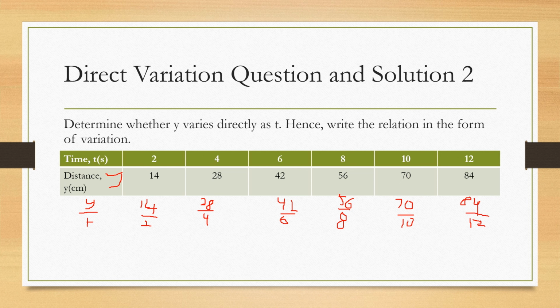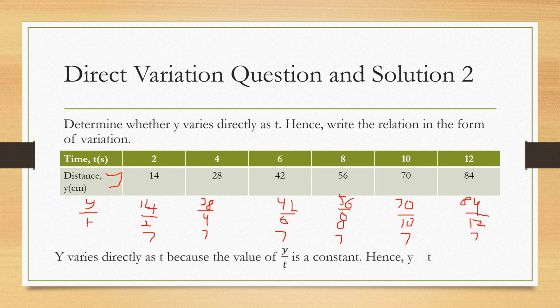Okay, so what is the answer? 14 over 2 would be 7, 28 over 4 would be 7, 42 divided by 6 would be 7, 56 divided by 8 would be 7 also, 70 divided by 10 also would be 7, 84 divided by 12 would be 7.